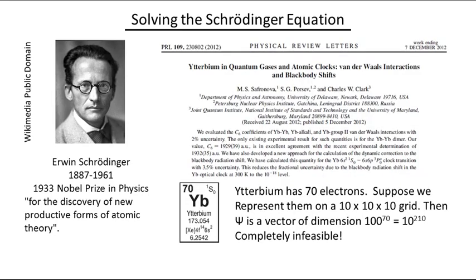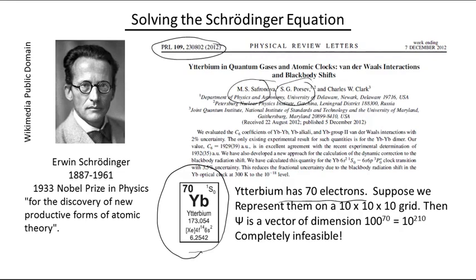So, from a formal and even a practical perspective, for very simple systems, solutions to the Schrodinger equation are fairly straightforward to find. But in real life, we encounter problems that involve atoms like ytterbium, 70 electrons. This is a system I happen to have worked on myself with wonderful collaborators, Mariana Safronova, Sergei Porsev, during the past year, and it's motivated by determining the corrections to atomic transition frequency due to the presence of a thermal background for application in next generation atomic clocks.